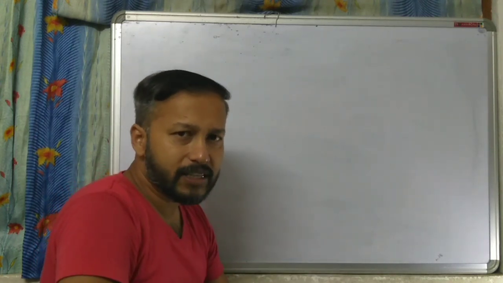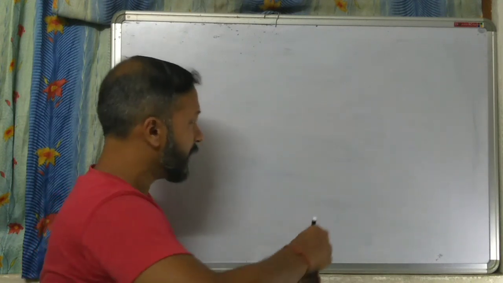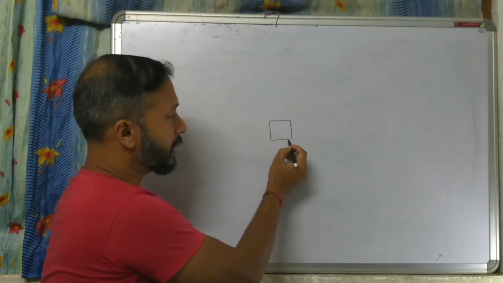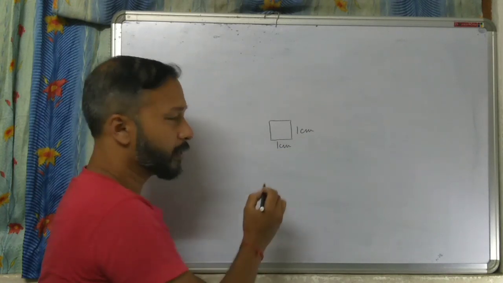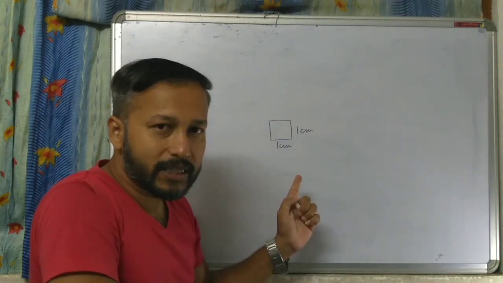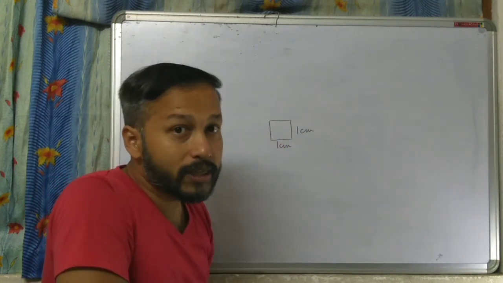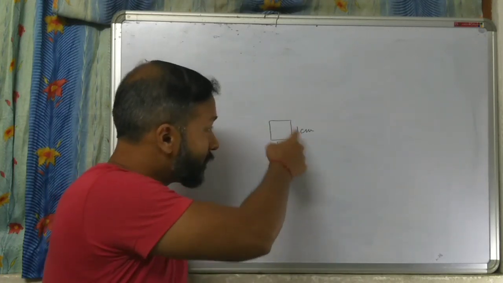Now if I say you that you have to apply force only on this area, 1 centimeter by 1 centimeter. It's a square. You can see the shape of this. What is the side of this square? 1 centimeter is the side of this square.